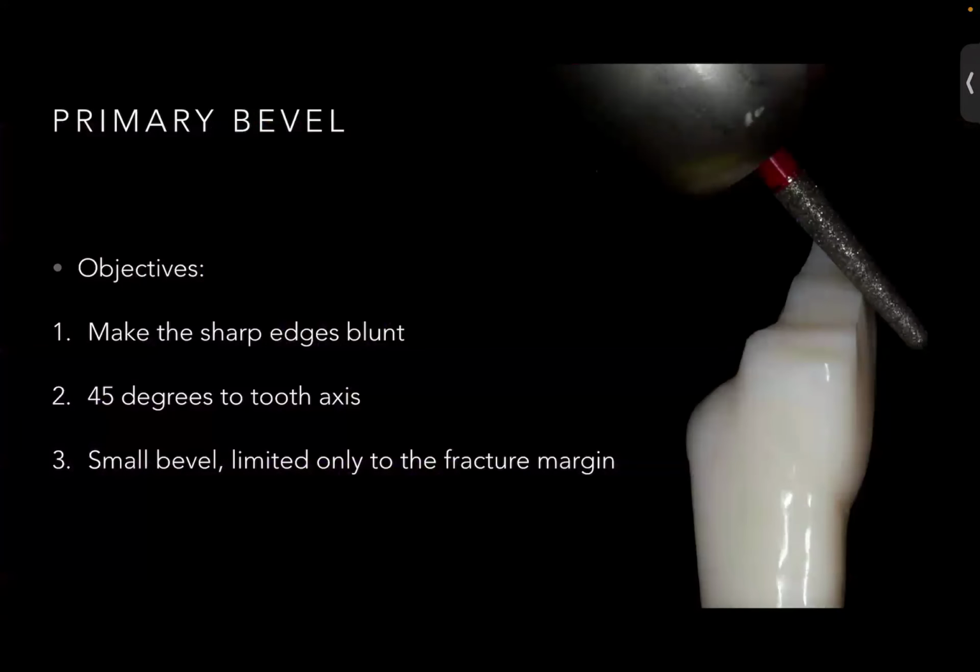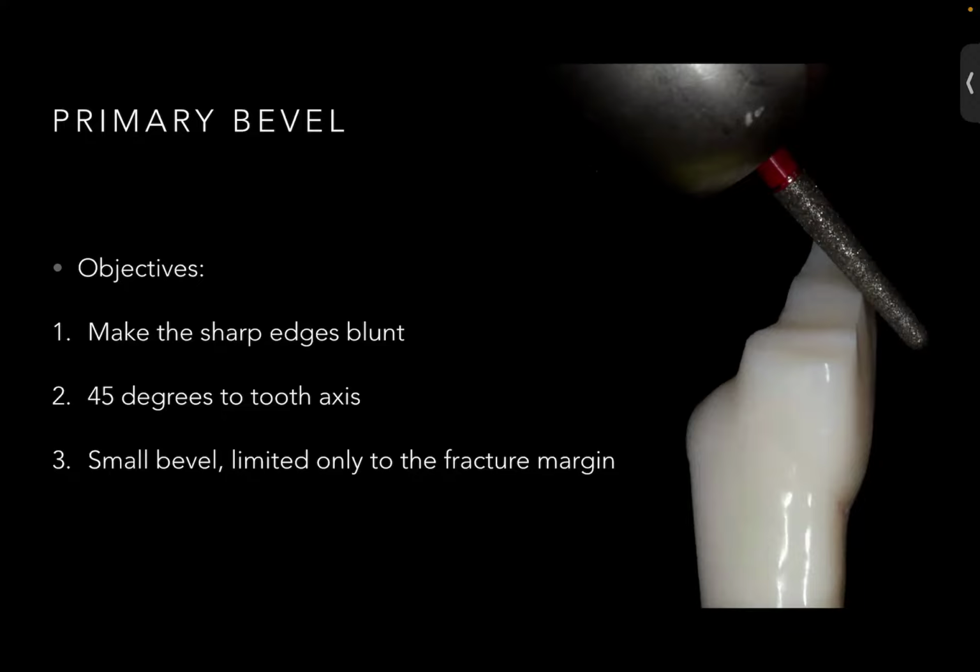Primary bevel, what is it? The objective is you make the sharp edges blunt. That is our patient, by the way, for this webinar, the typhodont on the right. The patient had a fractured central incisor, and the fracture line, the margin of the tooth, is going to be very sharp.